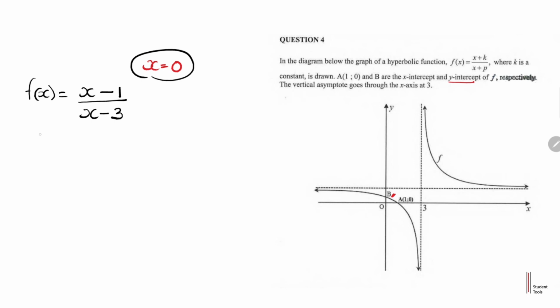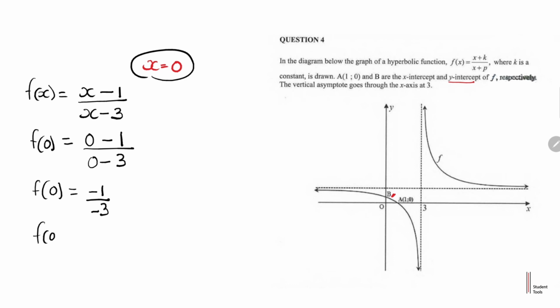We want to find f of 0, so we substitute x with 0: 0 minus 1 over 0 minus 3. Then f of 0 will be equal to 0 minus 1, that's a negative 1, over 0 minus 3, that is a negative 3. So that means f of 0 is equal to positive 1 over 3.